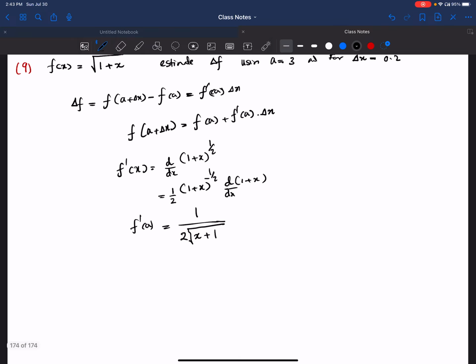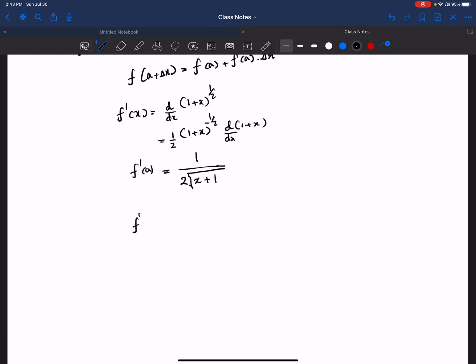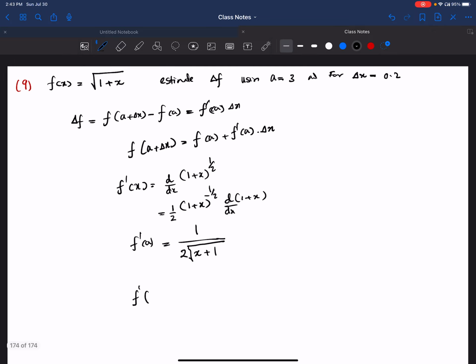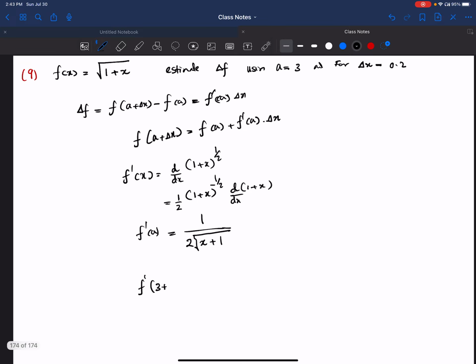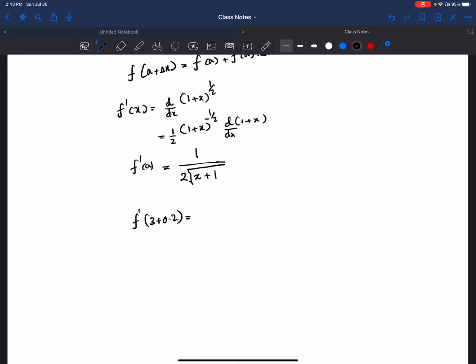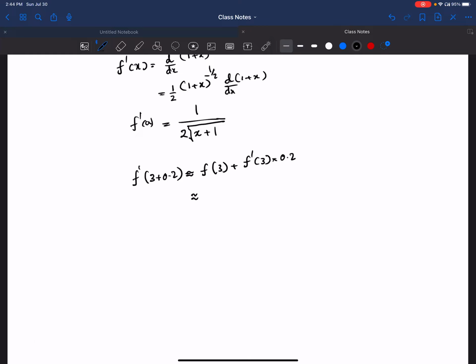So with a equal to 3 and delta x 0.2, it's approximately equal to f of 3 plus f prime of 3 times 0.2.